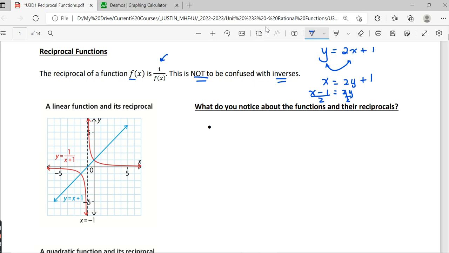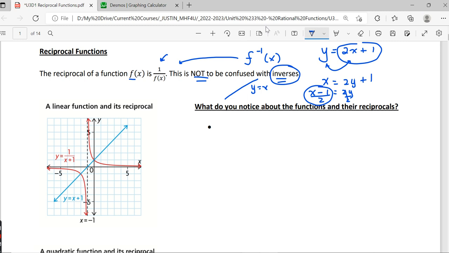So this would be the inverse of y equals 2x plus 1. An inverse is just a function that is reflected on the y equals x line. I wanted to make this clear because the notation for an inverse is f negative 1 of x. That is not the same as a reciprocal.